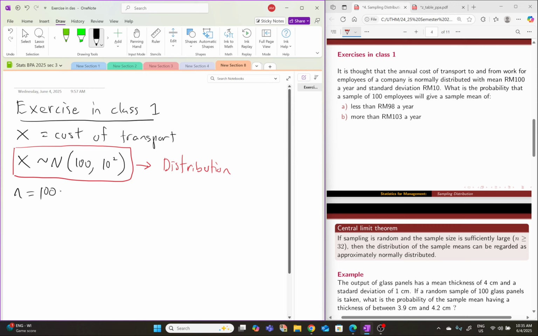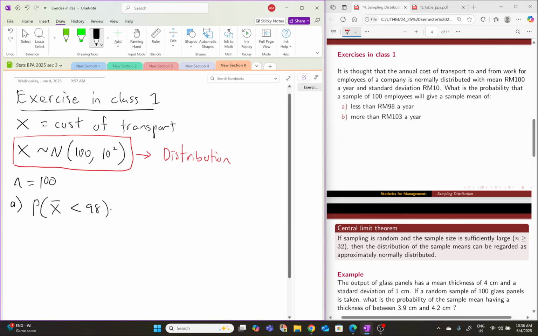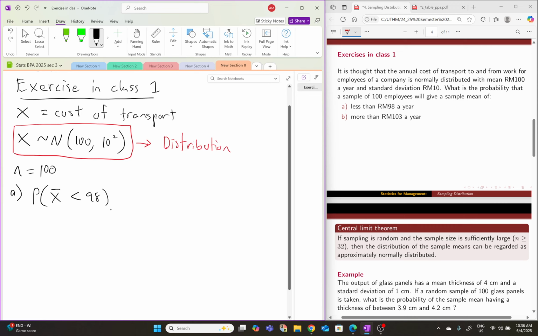Kita pilih 100 orang, and A is, what is the purata dia, sample mean of 100 employee, the mean cost will be less than 98. Maybe any one of you want to try first? Okay, let me show one here. Then B maybe you can try.